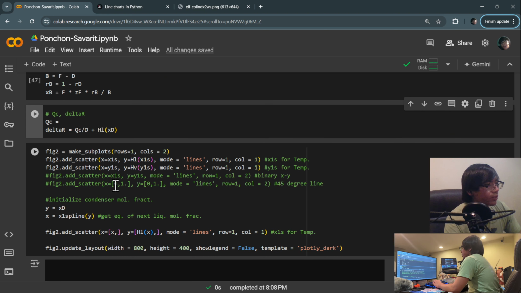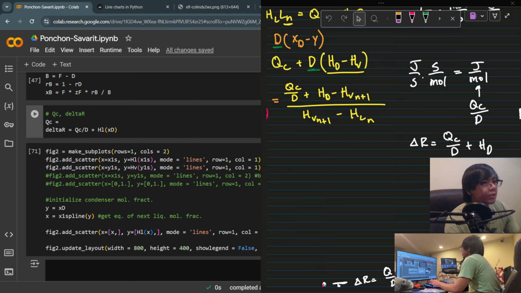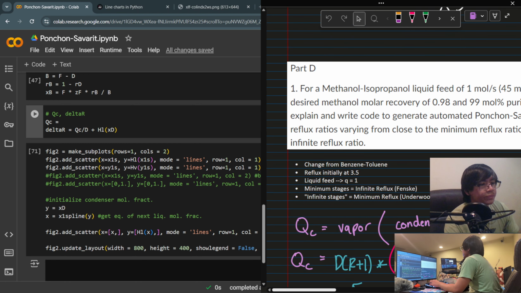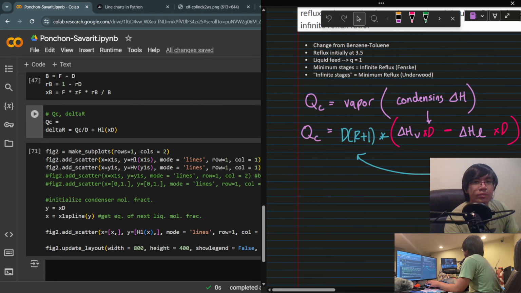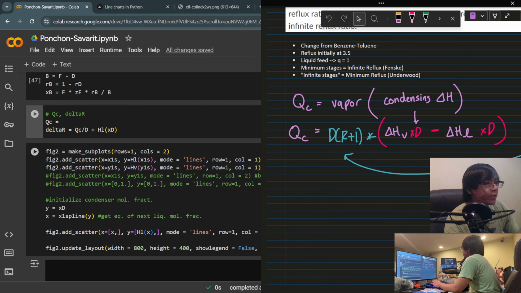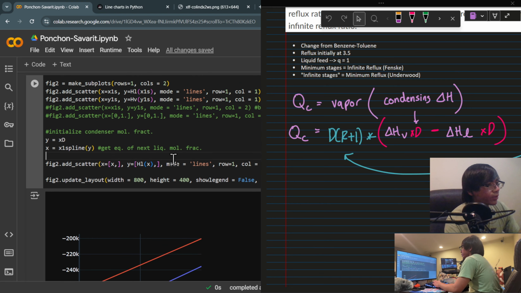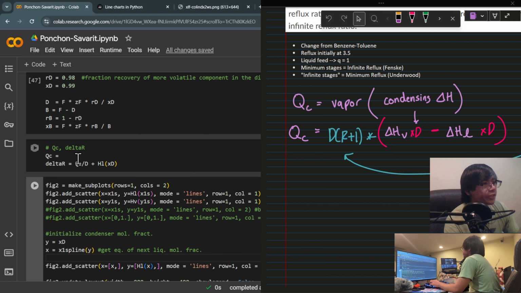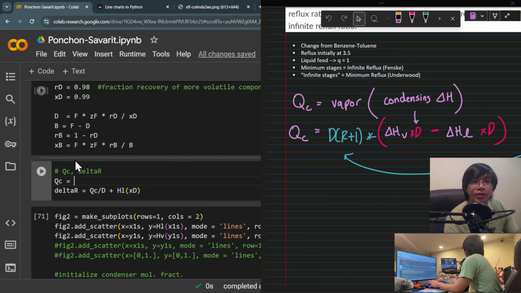Ponchon-Savarit. Okay, so actually let's just use the one note. Where are we? On here. Yeah, okay. Right here, QC. So we're defining QC as D times (R + 1), so distillate times the reflux ratio plus 1.